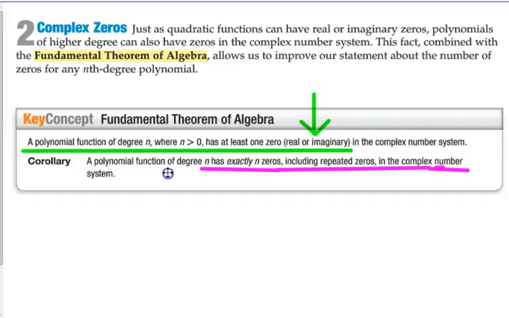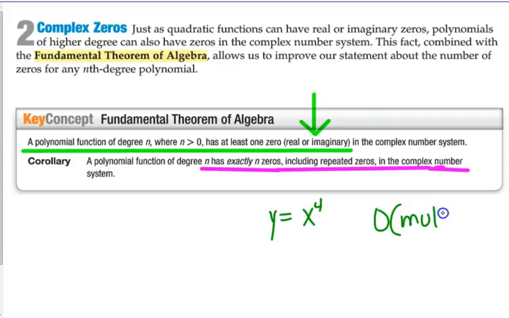All right, the corollary we're talking about today says that the degree tells us the zeros, whether they're real or not, and they can be repeated. Just as a quick example, if I had this, that has 4 zeros, but they're all 0.